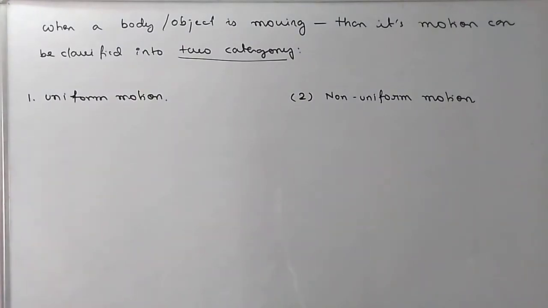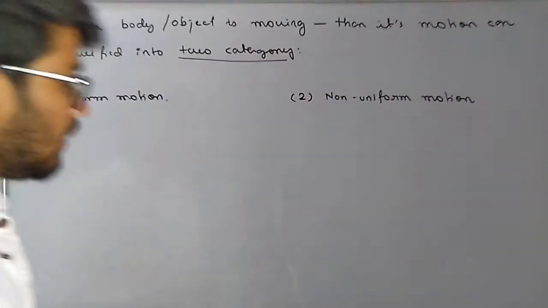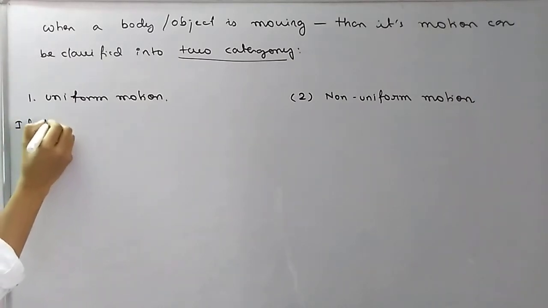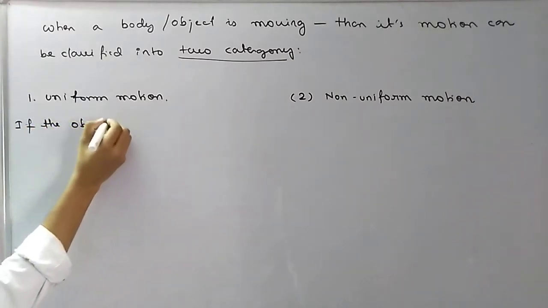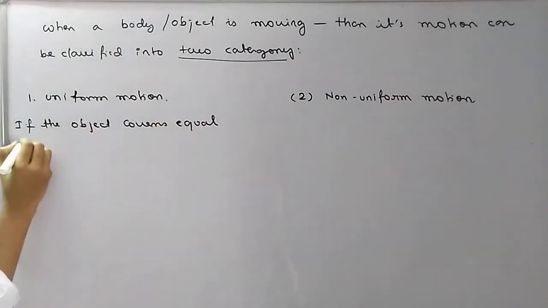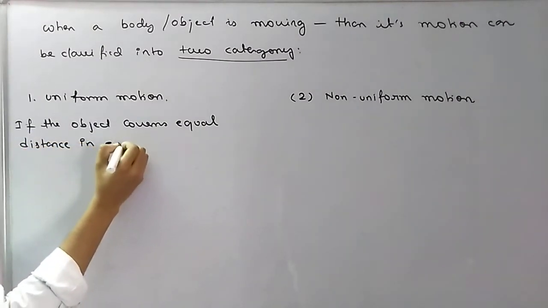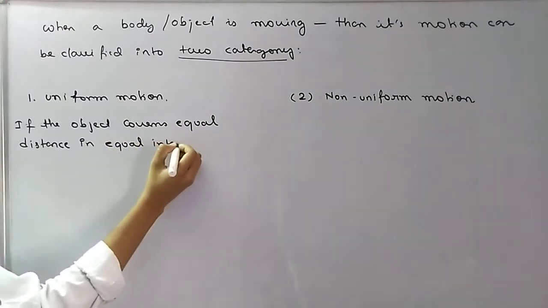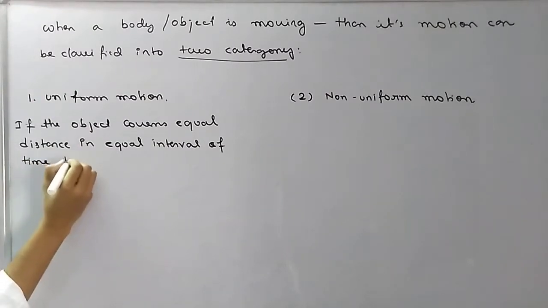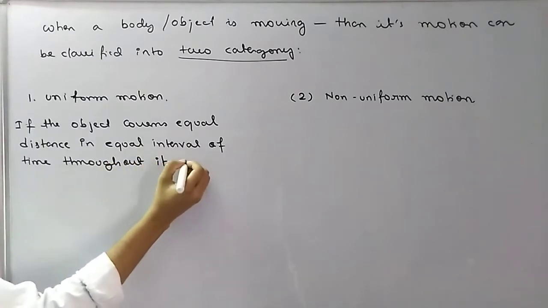First let's try to understand the definition, what the definition actually says. The idea is that if the object covers equal distance in equal interval of time throughout its journey.